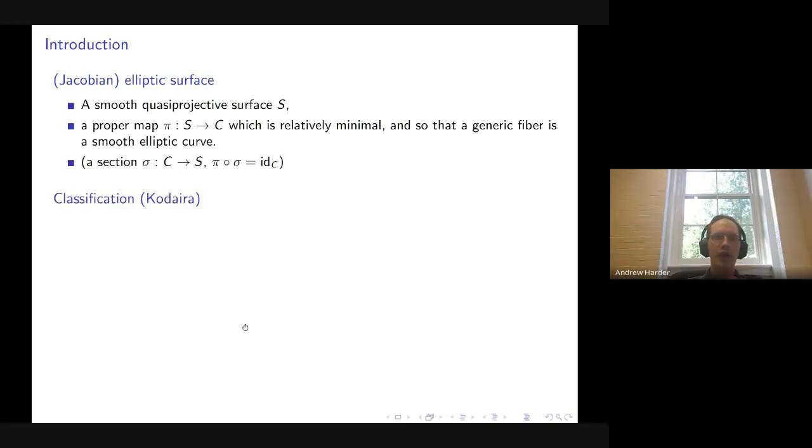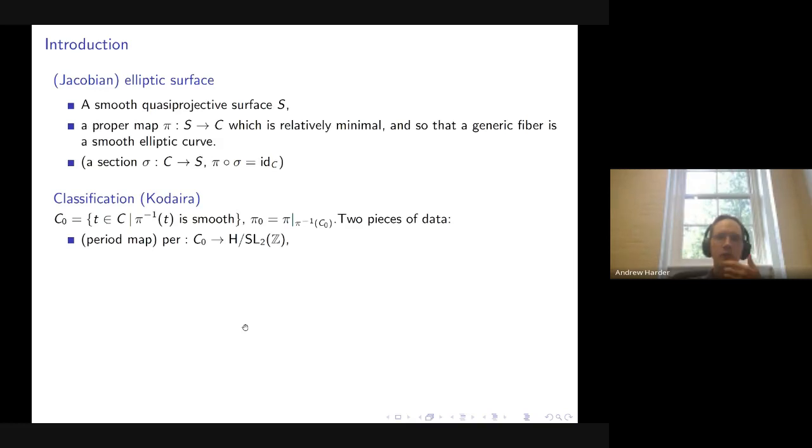They were classified, and I'm only going to go over a little bit of this classification, by Kodaira. I'm going to focus on the part of this classification that's relevant to this talk. If you take the smooth locus, or the smooth points of this map, there are two pieces of data that are important for determining the isomorphism class of your elliptic surface.